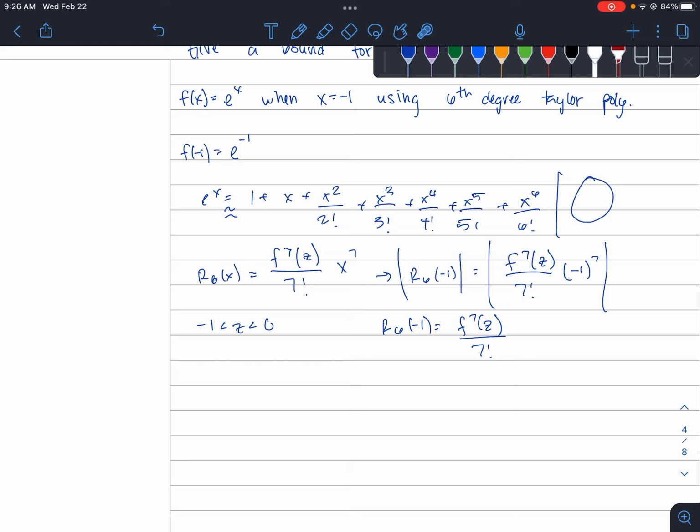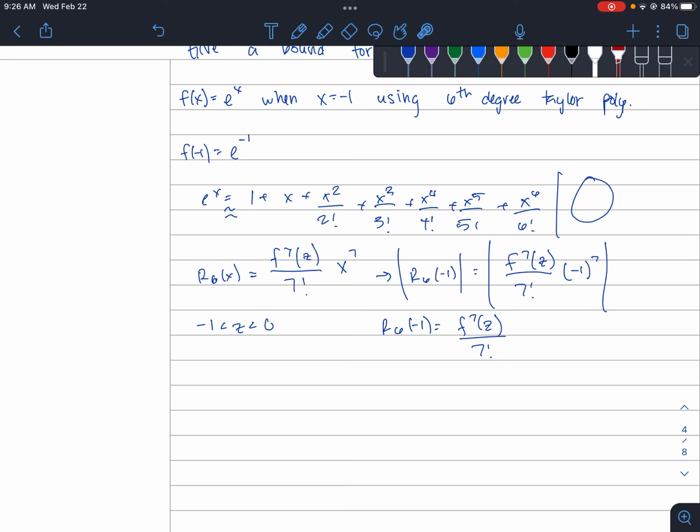That's what I want to use to give my error the most it could be. So if I use z equal to -1, well, -1 would make this negative. So I don't think we necessarily want to do that. Well, maybe we do. Do we want to use that?